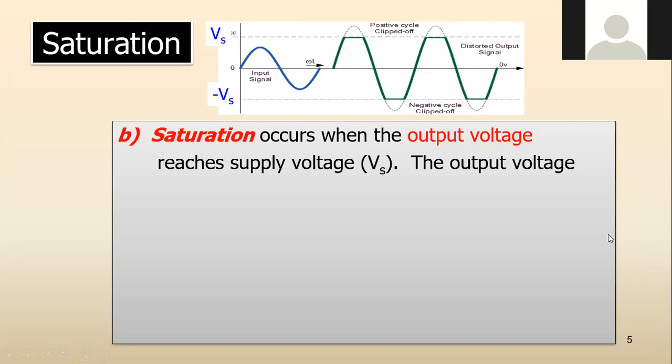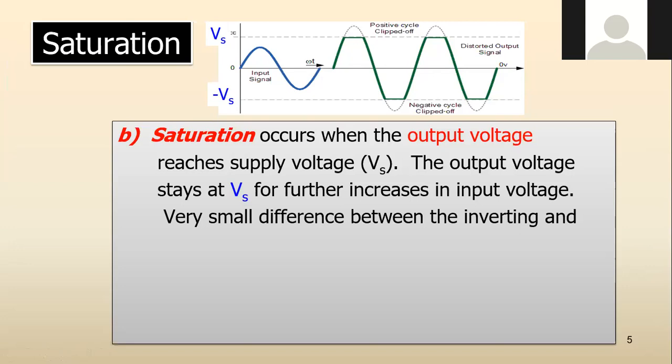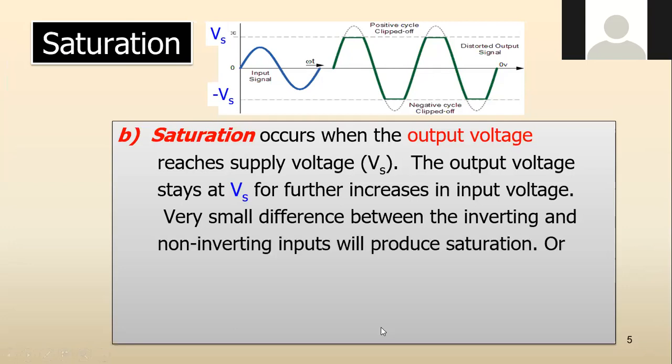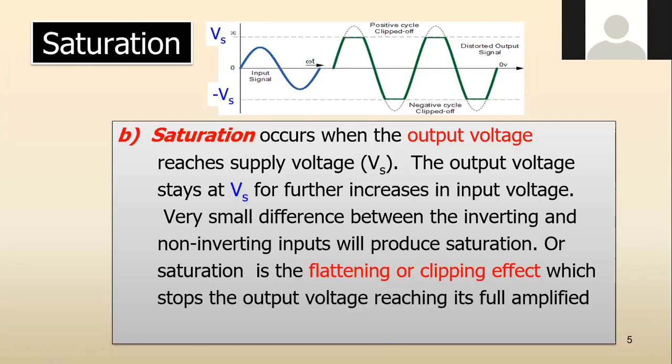The output stays at Vs for further increase in input voltage. That's why we call it cut-off or clipping effect, saturation. Very small input differences will cause the op-amp to saturate. Another way to say it is the flattening or clipping effect that stops the output from reaching its full amplified value.